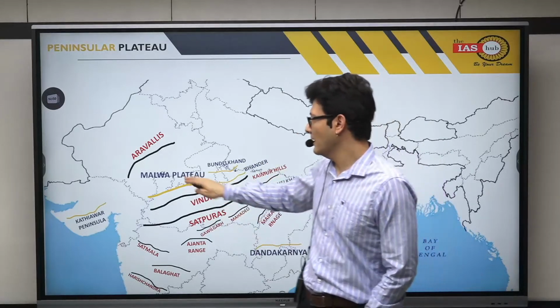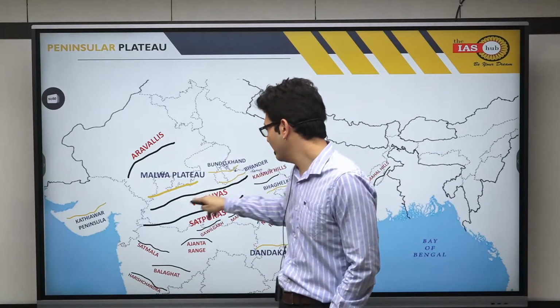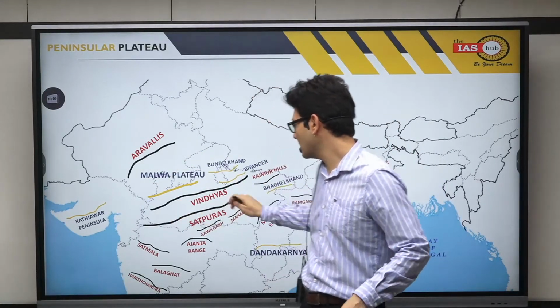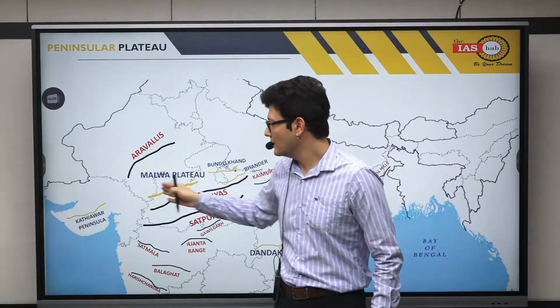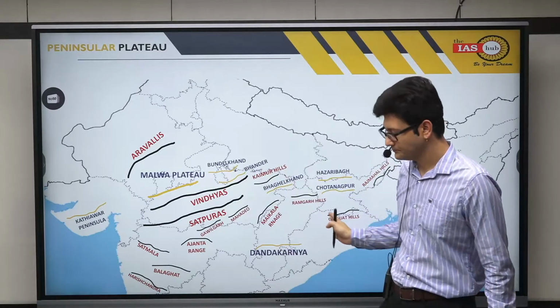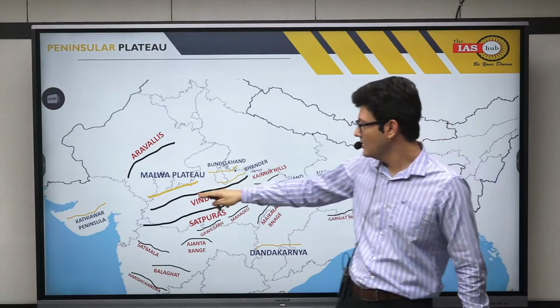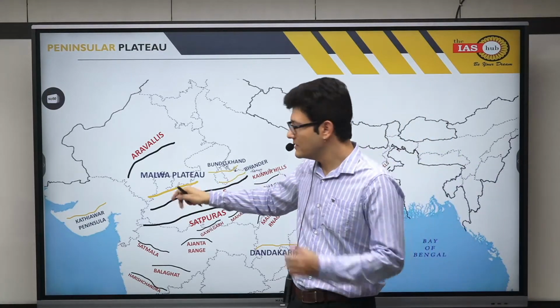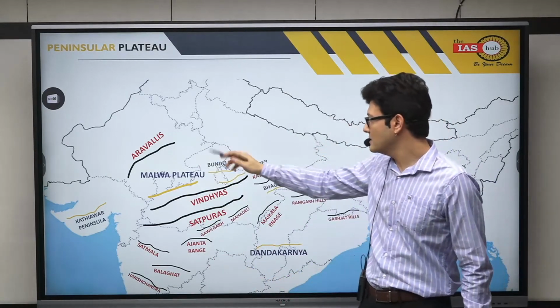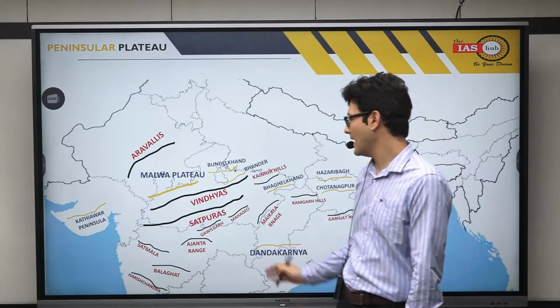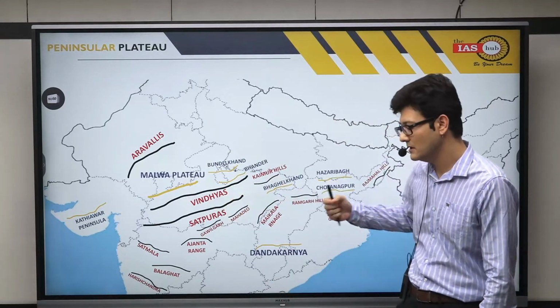So if we have seen Aravallis are over here, Vindhyas are over here, and Satpuras are over here, accordingly we'll see where the other plateaus and ranges are. The regions marked in yellow are basically the plateau regions, and the regions marked in black color are basically the hills or the ranges.